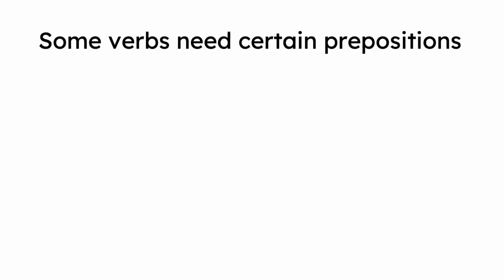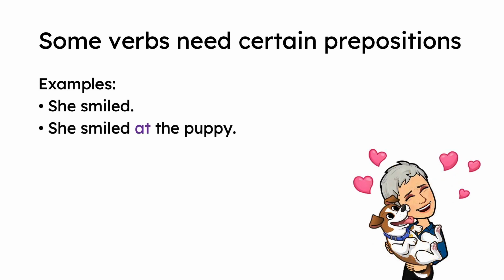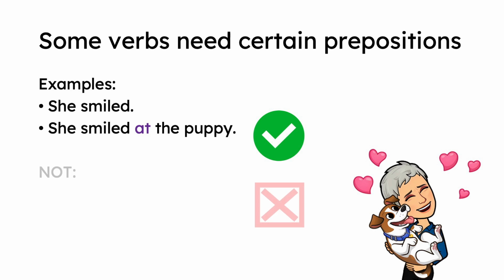The last thing I want to tell you is that some verbs need certain prepositions. Here's an example. She smiled. No preposition. She smiled at the puppy. So we say smiled at. This is correct.